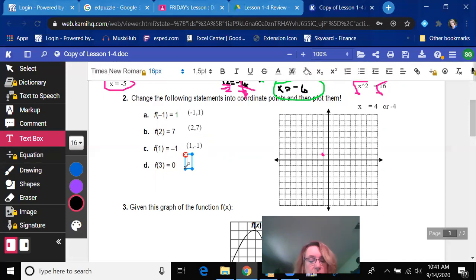Okay, last one. 3, 0. Forgot the parentheses on that one. Okay.